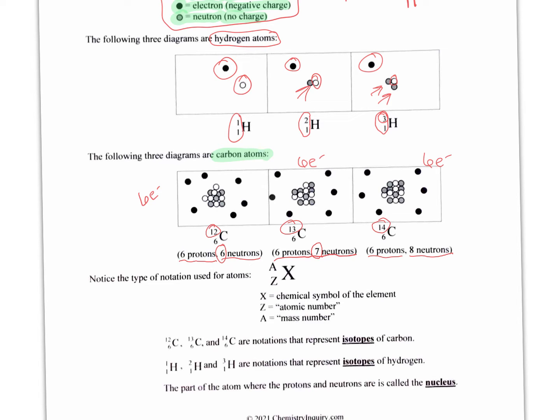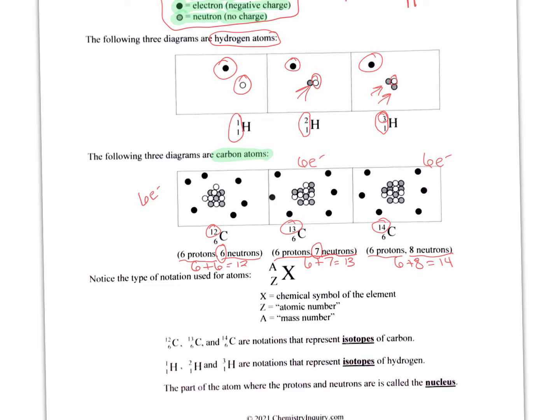So that didn't change. So let me think here. 6 plus 6 equals 12, which is that number that I have circled. 6 plus 7 equals 13, which is this number up here. And then 6 plus 8 equals 14, which is that number there.